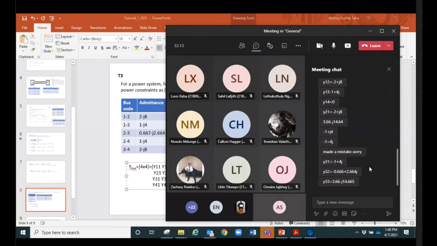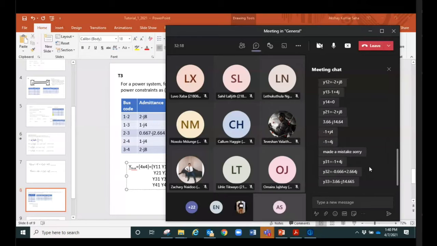So Y34 will be minus 2 plus j8, right? Let me just type it for you. Y34 is equal to minus 2 plus j8.